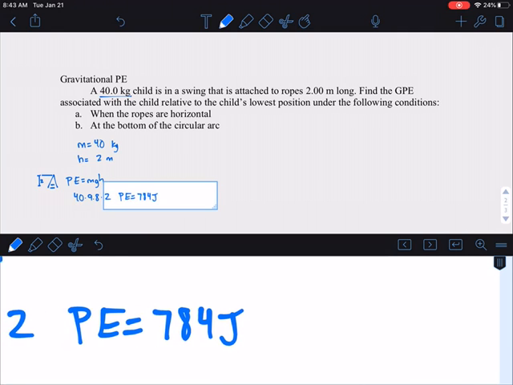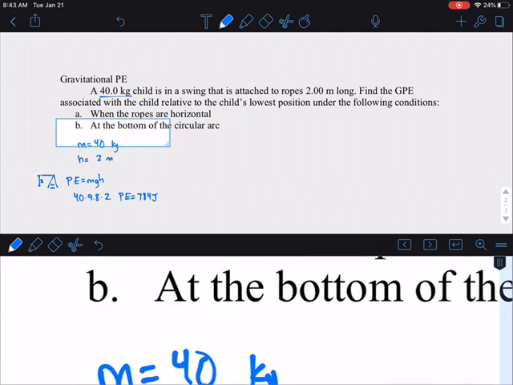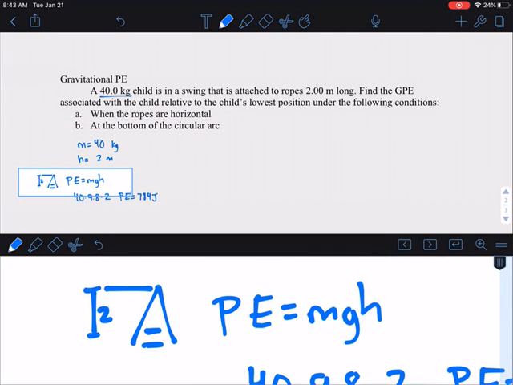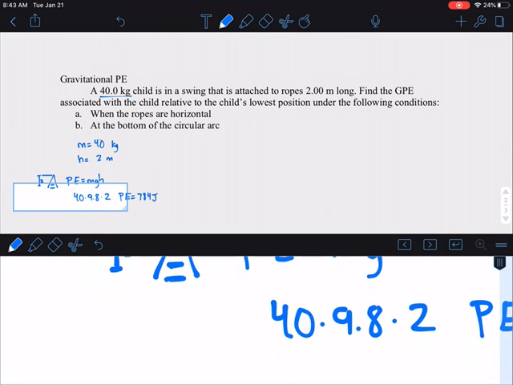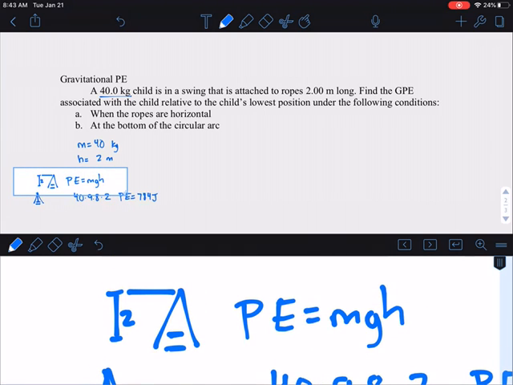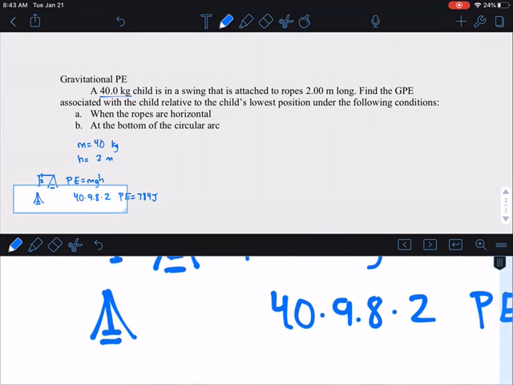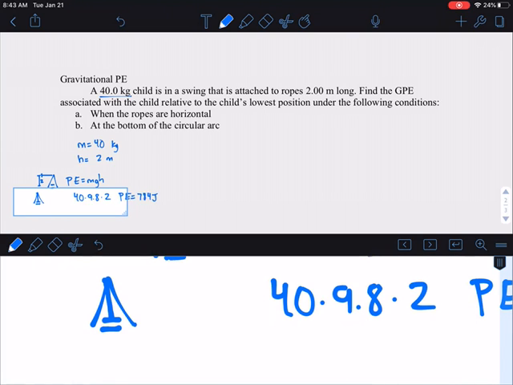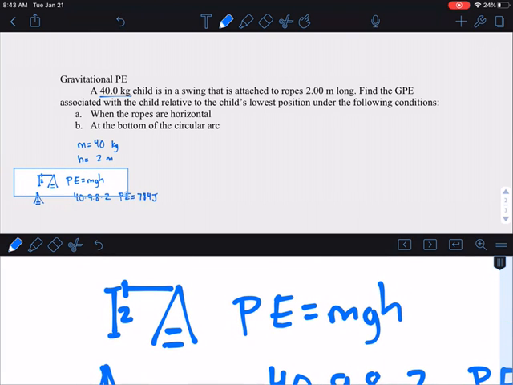So that was problem A. And then B, at the bottom of the circular arc. If this was horizontal, then when it's resting right here, we can call that 0, because the max height was when the swing was horizontal, and here it's at the bottom. If we're all the way at the top, pulled back, gravity has a chance to work on it. It's at the top of its swing, but here it's at the bottom.